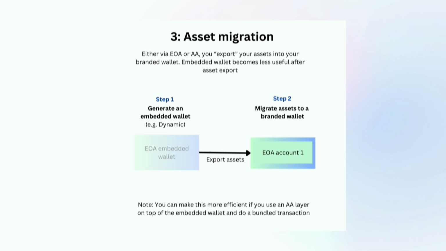Approach number 3, again, that's an approach we see on a day-to-day basis: asset migration. You're done with service A, you just transfer stuff into your MetaMask or your Coinbase wallet. As an approach, I would rate that on a scale of 7, let's rate that like a 3.5. Is that like a 4? I don't know, like 3.5, 4.